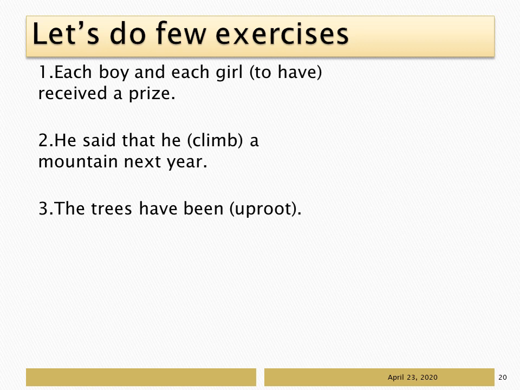Number 3. The trees have been uprooted. So it is in passive mode. So after auxiliaries, the verb will be what? I hope you can remember. Number 4, if it rains, I remain at home. Let me remind you it's first condition. So you know what to do.